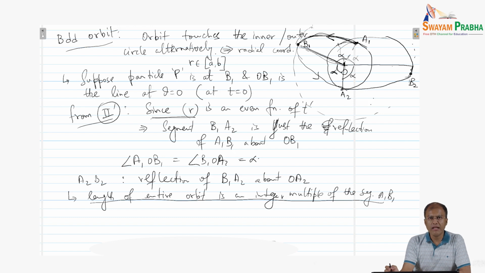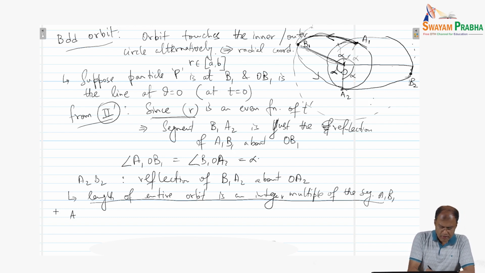And we will see that typically this is the case of planetary motion. There is hardly any case where the orbits are closed, right? So this is what we are trying to show.